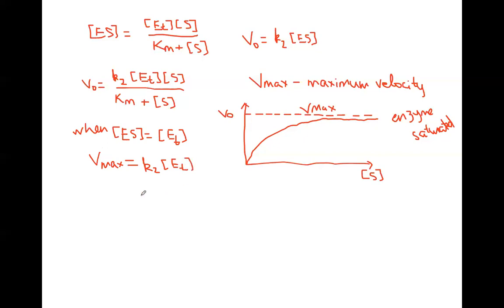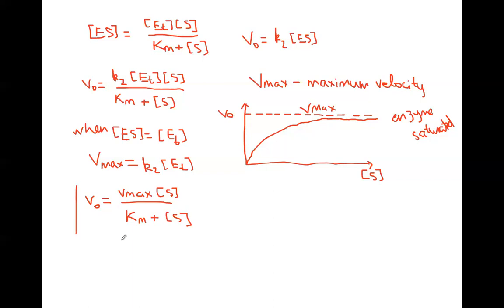And then the expression will reach the final form, and it's going to be V naught equals Vmax, maximal rate, times substrate concentration, over Km plus substrate concentration.